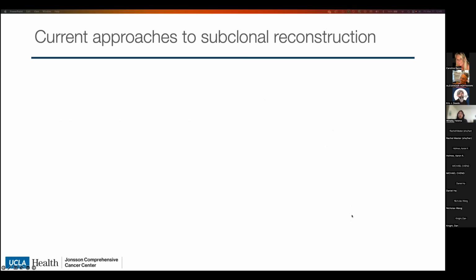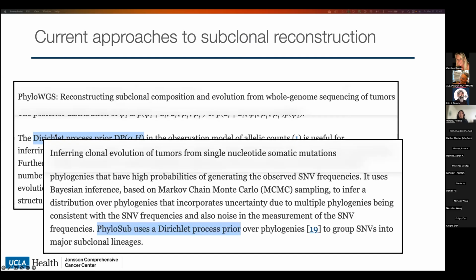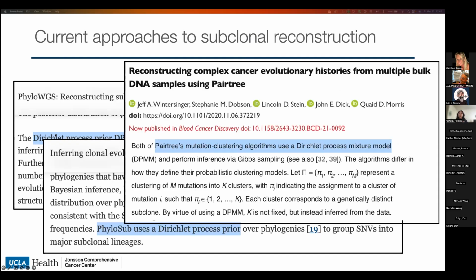Most current tools in subclonal reconstruction use a mixture of Dirichlet process and Markov chain Monte Carlo to cluster and build the phylogenetic tree using the mutations. So I won't go into the details of these methods, but some of the current methods that are commonly used include PhyloWGS, which uses a Dirichlet process, PhyloSub, and Pairtree.